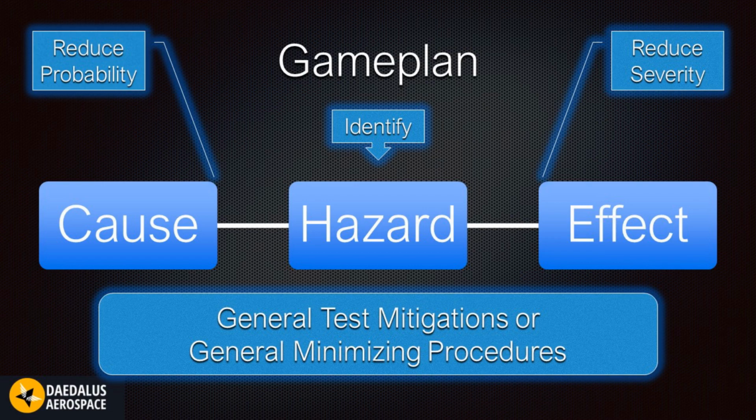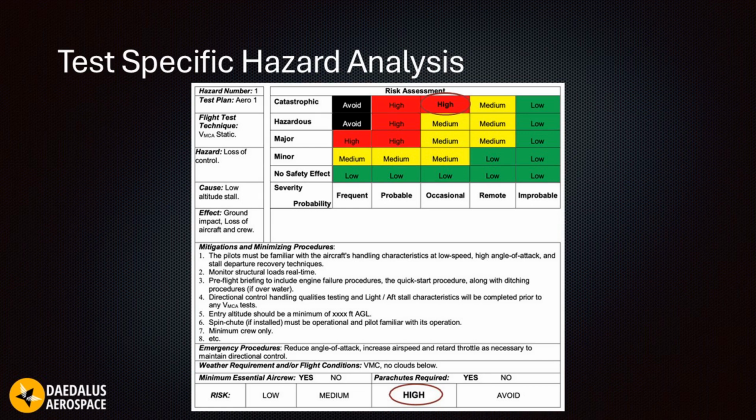The next step is to document our plan, and that is usually shown as a test-specific hazard analysis, which looks like this. The test-specific hazard analysis example shown here is out of FAA Order 4040.26 and serves to document in a one-stop shopping format all the information we just worked through: the hazard, cause or causes, effect, maybe plural, and risk level shown in a 2D risk matrix, mitigations for that hazard, and emergency equipment or emergency procedures also tied to the analysis.